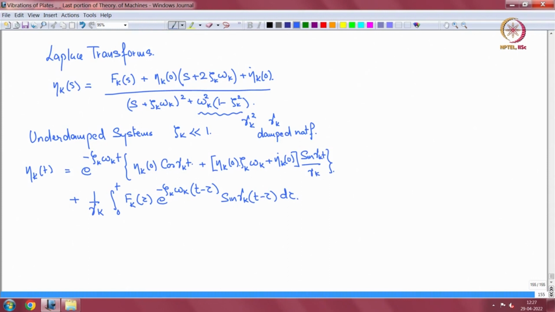So this is the solution. Then we can have any u i of alpha 1, alpha 2, t as a summation over k of eta k of t times u i k of alpha 1, alpha 2. This is the total answer.